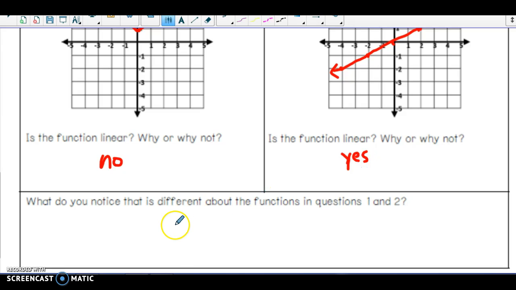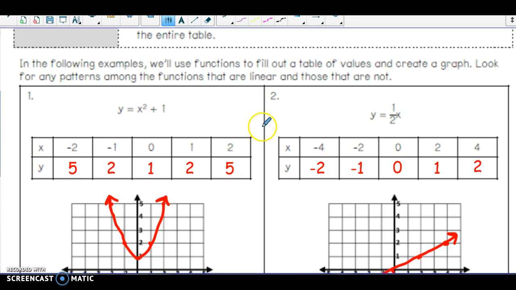What I want you to notice about what's different about the functions in questions 1 and 2: this one is set up to just be y equals, and then there's a number in front of x. This one has x squared, and what you'll notice is a linear function will never have an exponent up here. A linear function is just going to sometimes have this coefficient attached to it.